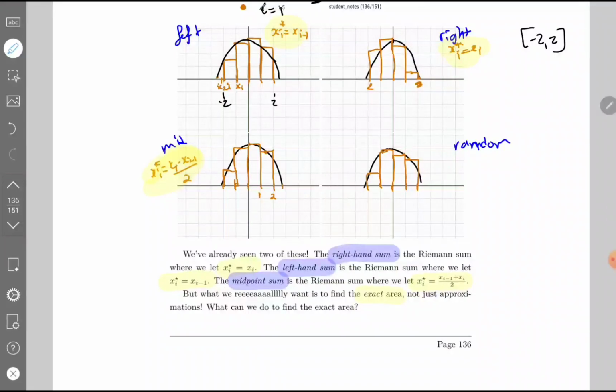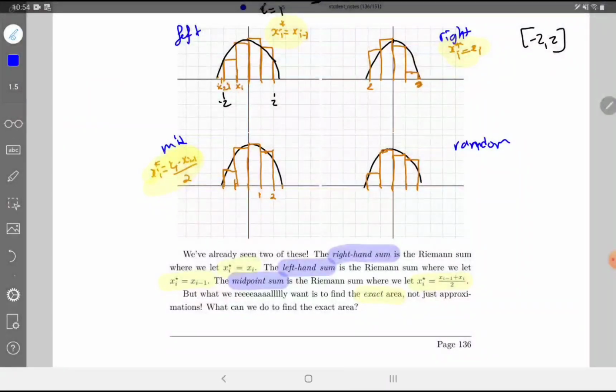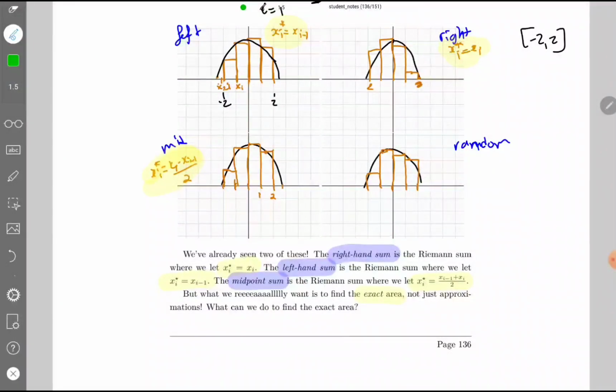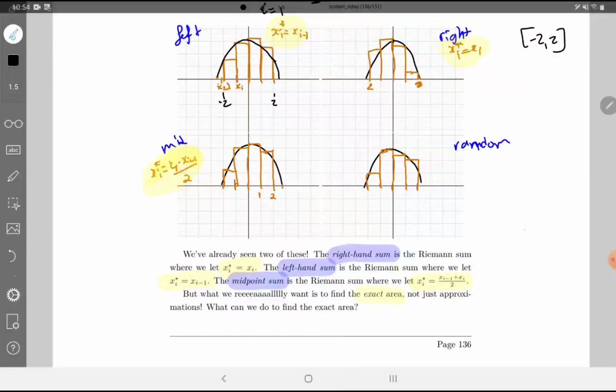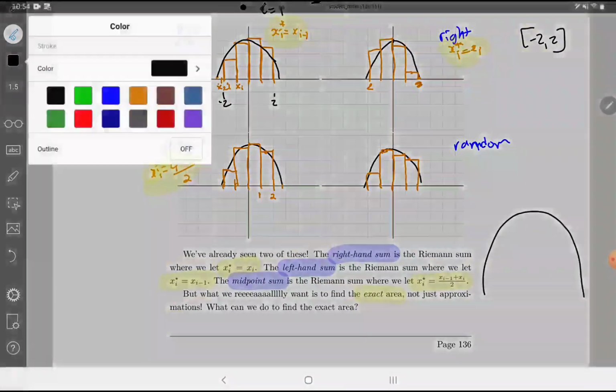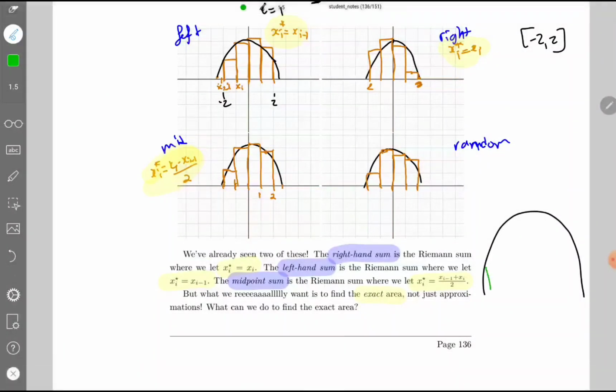Basically, notice that if I shrink these intervals, let me choose a different color, green, and make them smaller and smaller, I'll have even less error.